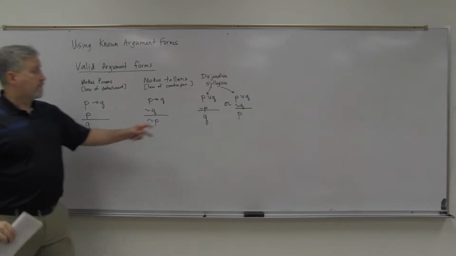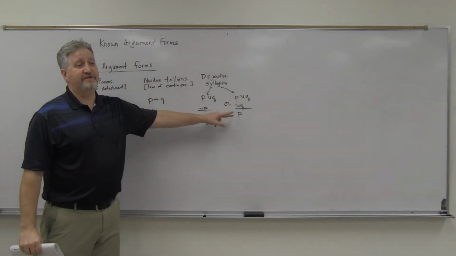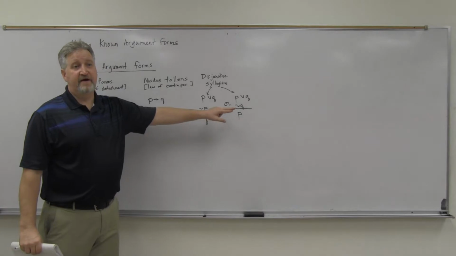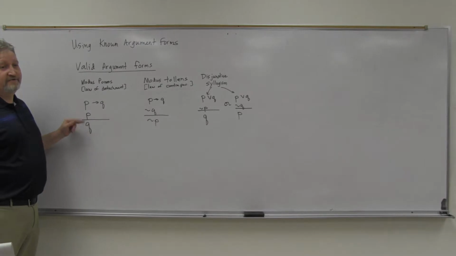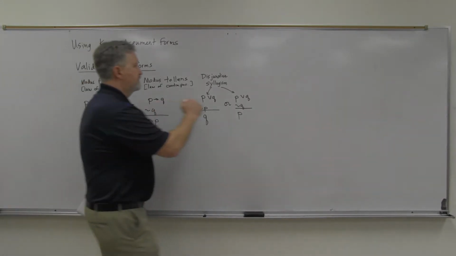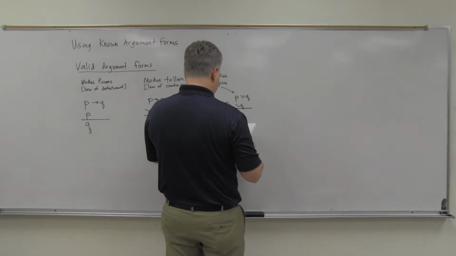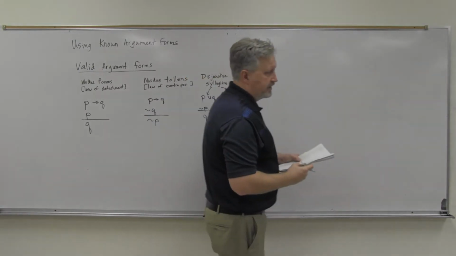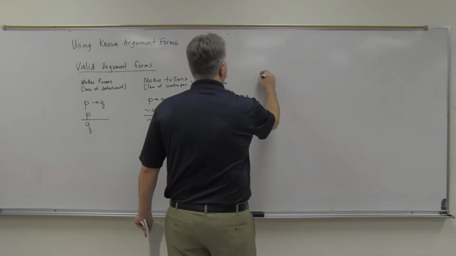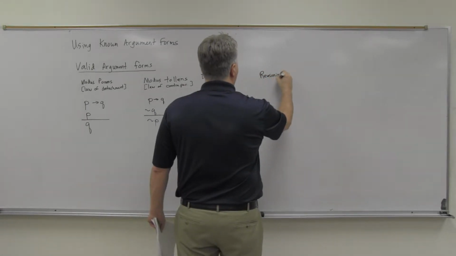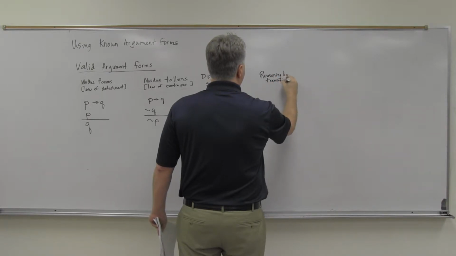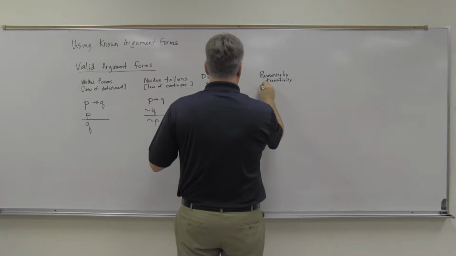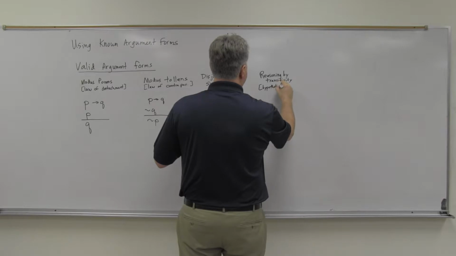Now, be careful with switching them. We can switch them there, but notice if I switch them over here, we can't do that over here. And then the fourth one was reasoning by transitivity. Sometimes you'll see it called a hypothetical syllogism.